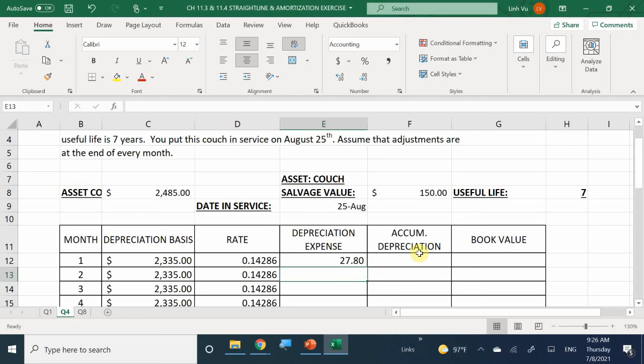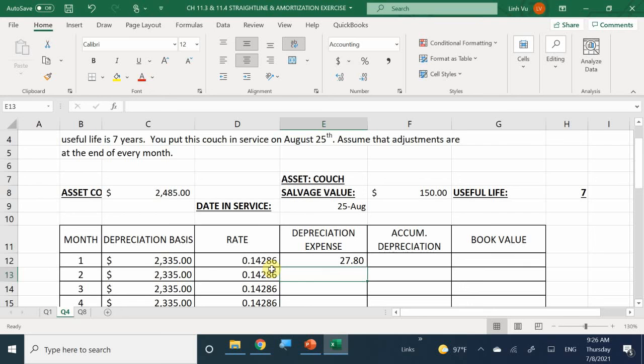Because if I start in September, by the 4th month, I should get a grand total of how much it should be if I were to depreciate at the end of the year. So in this context, they all equal the same no matter what at the end of the day. This time, I'm asking you to depreciate it for just the month.